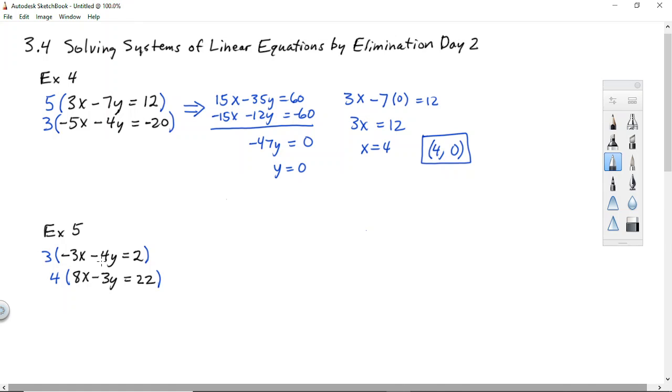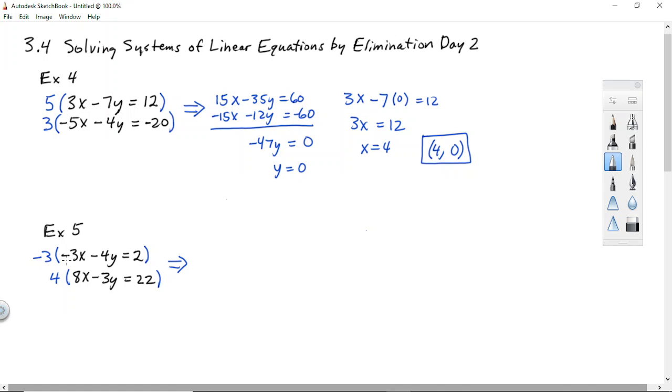Because the y terms are the same sign. So we don't want them to stay the same sign because we're going to add and we want them to cancel out. So we'll make this top one negative, and then we'll write the new versions of these equations down that we get by multiplying.